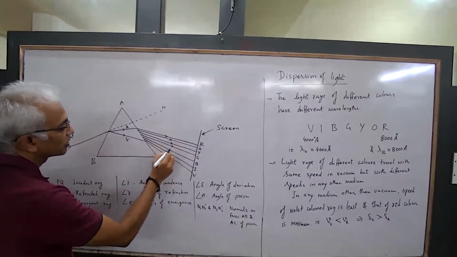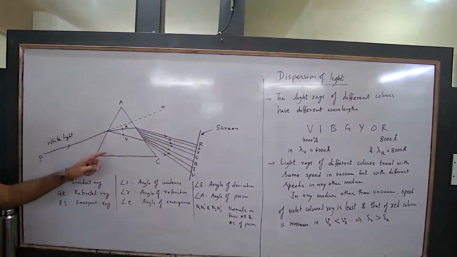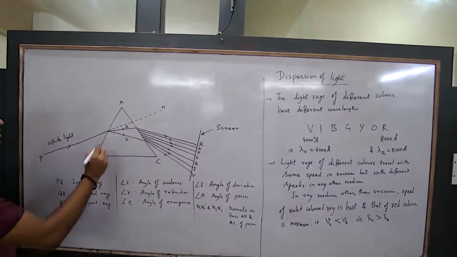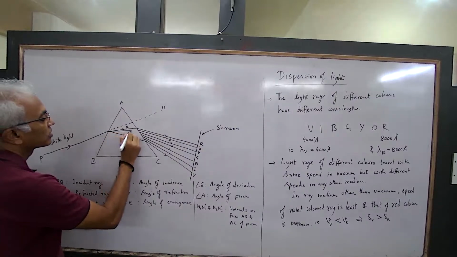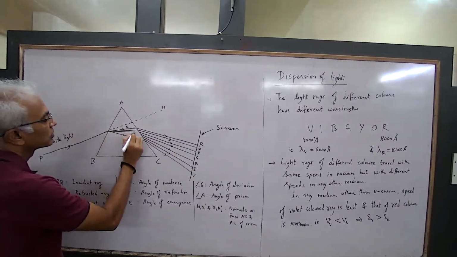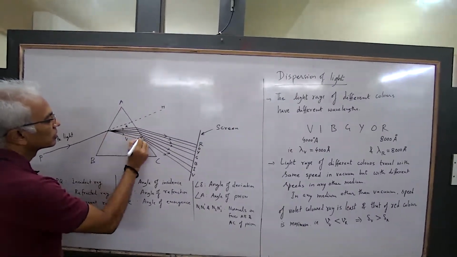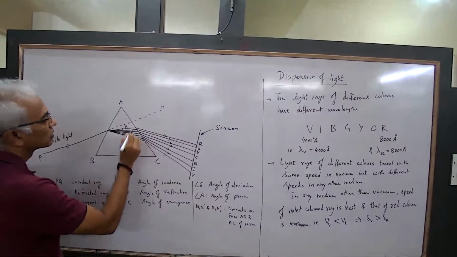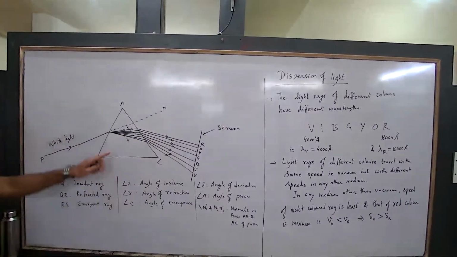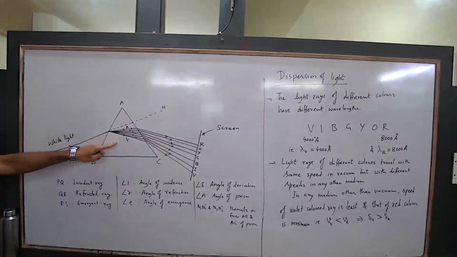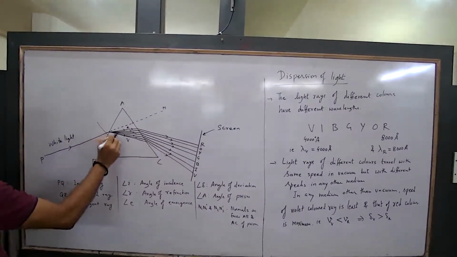Now this is not monochromatic. So where is this splitting taking place? Inside the prism. Splitting is due to difference in speed of light of different colors. So this splitting of light into its component colors is called dispersion.